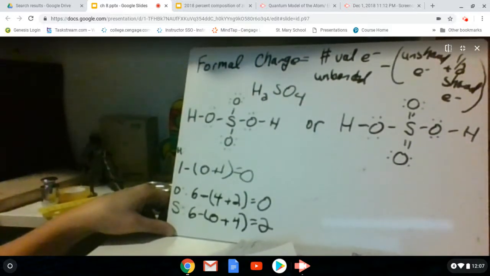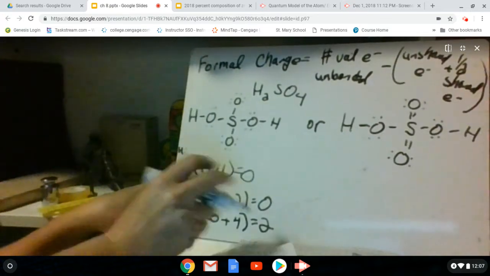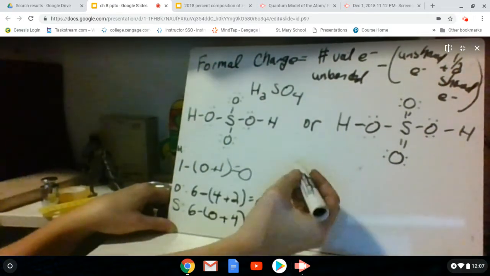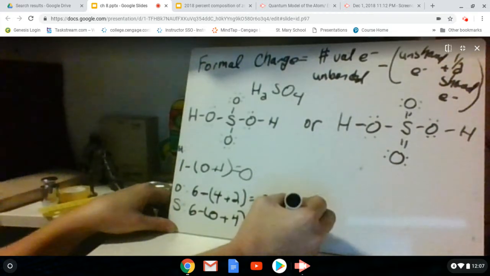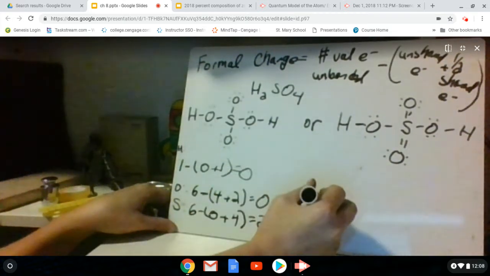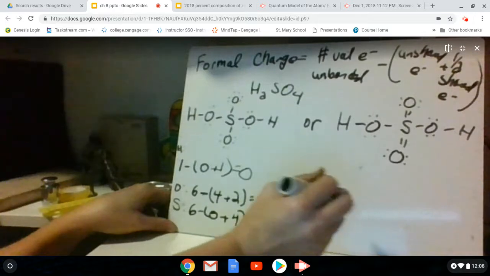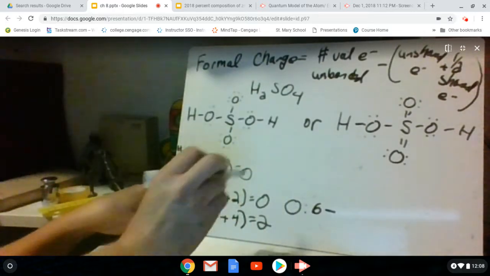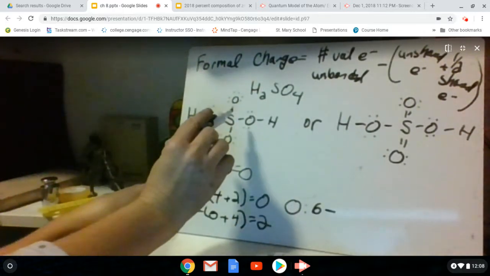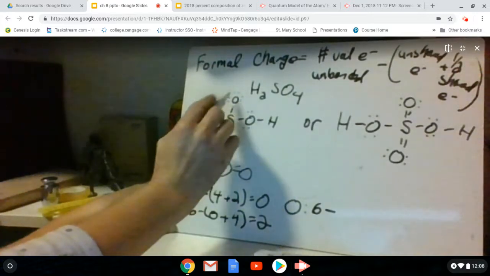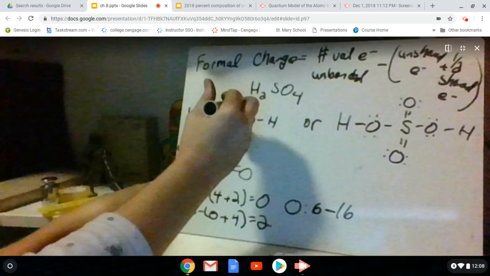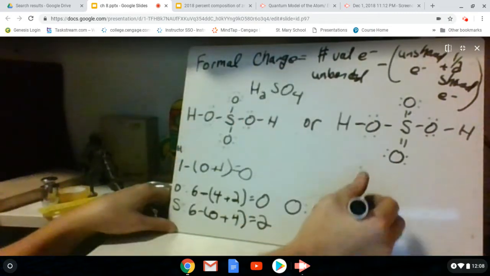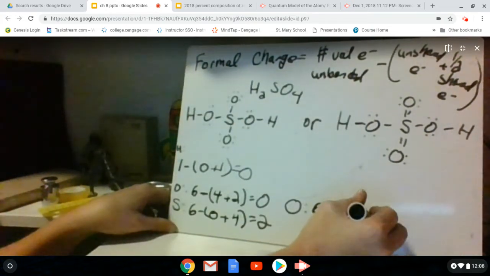And yes, you do this for all of the different types of elements in the compound. Let's do these O's right here. Oxygen has 6 valence electrons. It has 6 unshared electrons. And it only has 2 that it's sharing, plus 1.